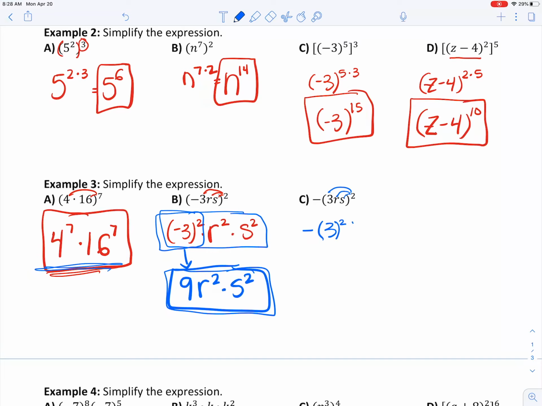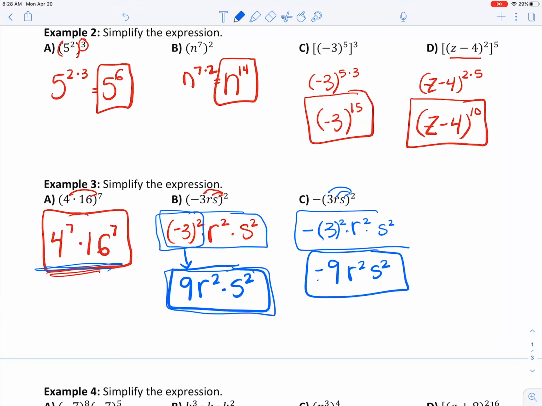So I have 3 squared times r squared times s squared. So 3 squared, just like the last one, it's okay to multiply it out. 3 squared is 9, right? And that negative was out in front. So I will accept either of these two.